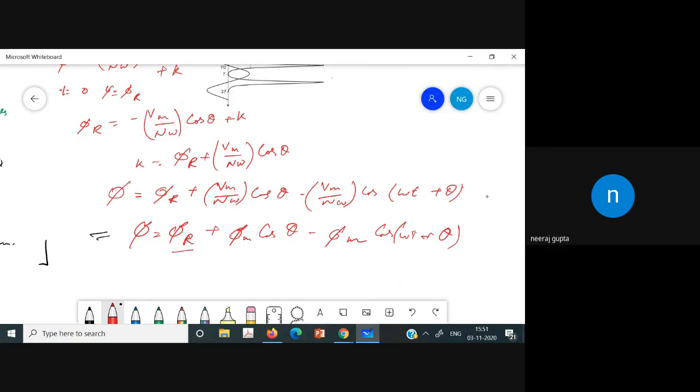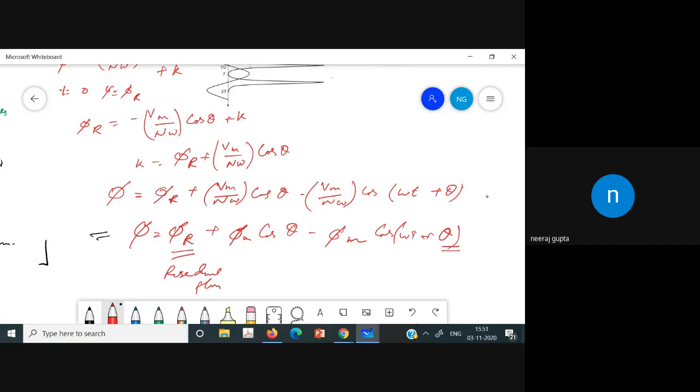This is the residual flux. Then second is the instant of switching that we have discussed, theta, and the magnetic properties of the core, that is the amount of magnetizing current required to obtain the particular amount of flux.